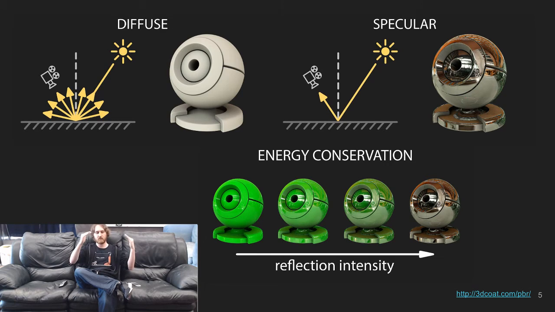Everything that gets pushed out is what's left, and it gets bounced off in all directions. That's the diffuse material. So red paint will absorb everything in the light spectrum except the red, and that's what gets pushed out afterwards.